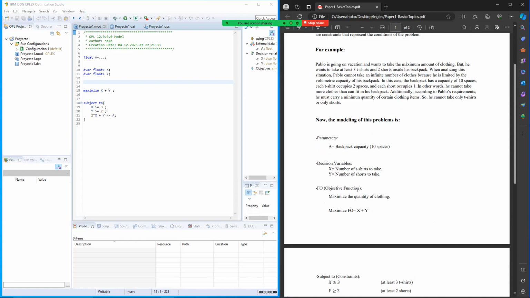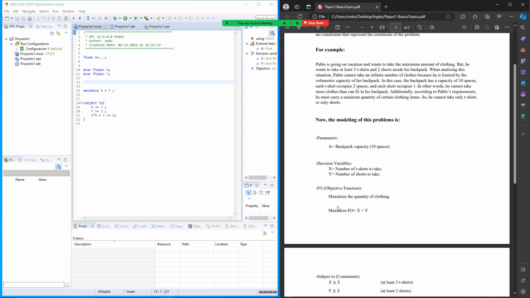The objective function is what the optimization model wants to do, maximize or minimize. In this case, Pablo is trying to maximize the quantity of clothing that he will put in his backpack.